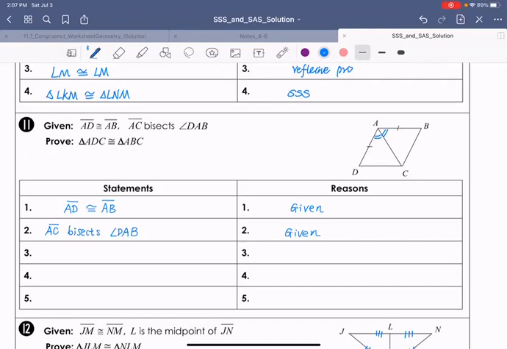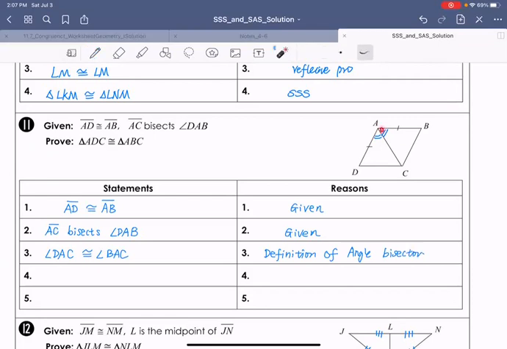Angle DAC is congruent to angle BAC. Angle bisector definition. Next.